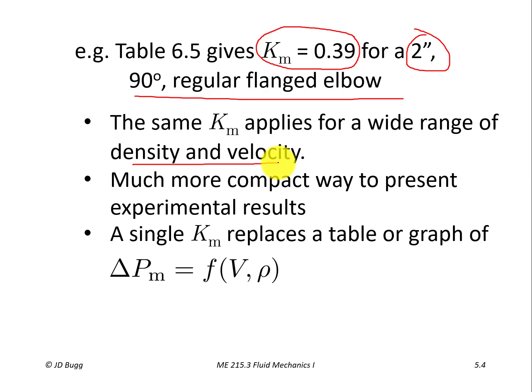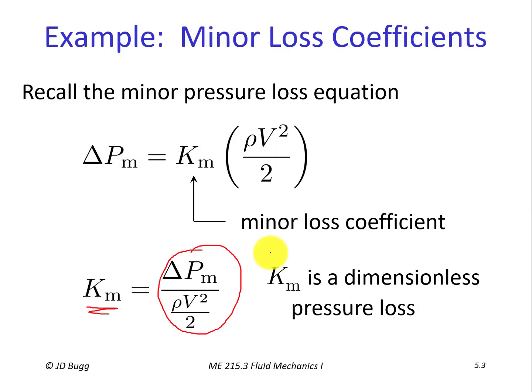Because what is the alternative? Well, just going back here a second, realize that the pressure loss depends on more than the minor loss coefficient, right? It also depends on rho and v squared. So let's say the manufacturer of this elbow wanted to present pressure drop information to their customers, which they certainly must do, and they didn't want to bother using minor loss coefficient. They kind of didn't understand that and didn't want to go that way.